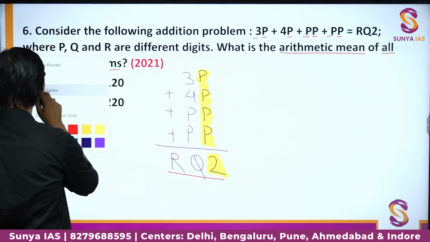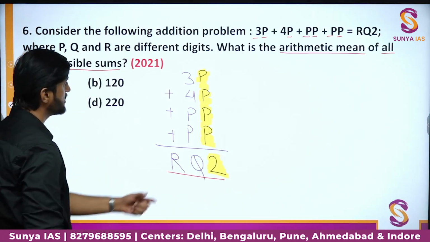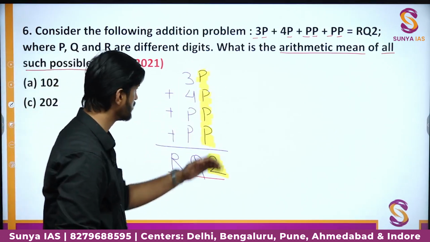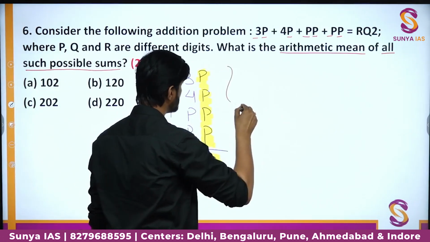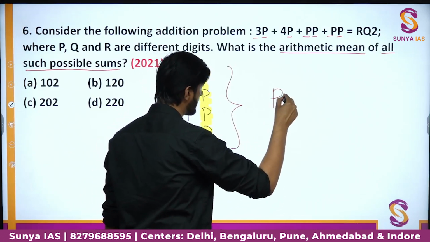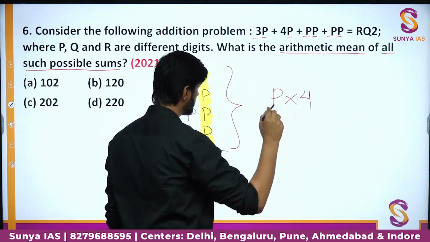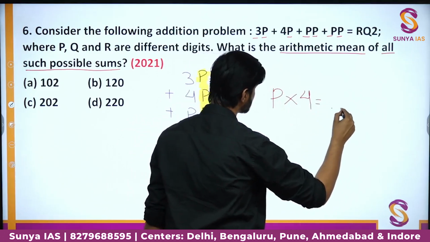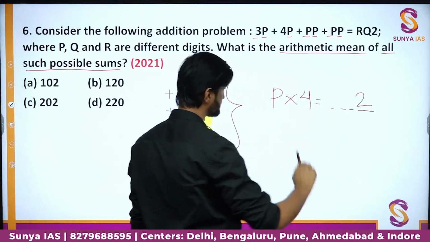Since P is added 4 times, it is nothing but P multiplied by 4, and in this way the last digit is coming out to be 2.